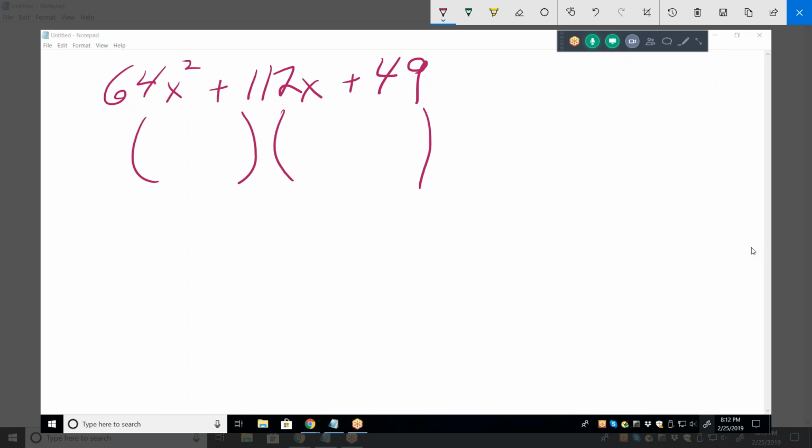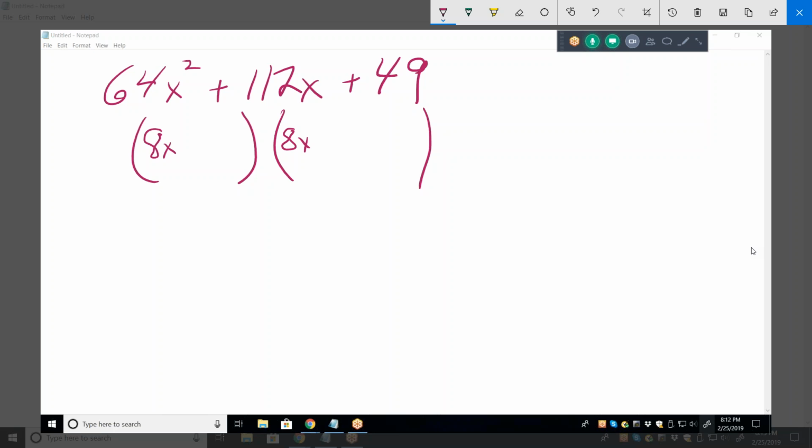But what is the most likely way to factor 64? 8 and 8. Okay, so it'd be what? This would have to be 8x and that would have to be 8x. Right. Because those two multiplied back together would give you that first term of 64x squared.